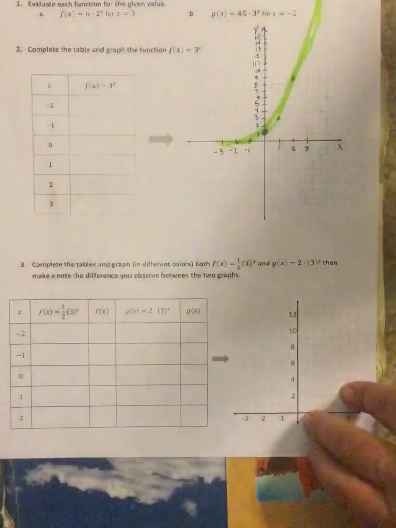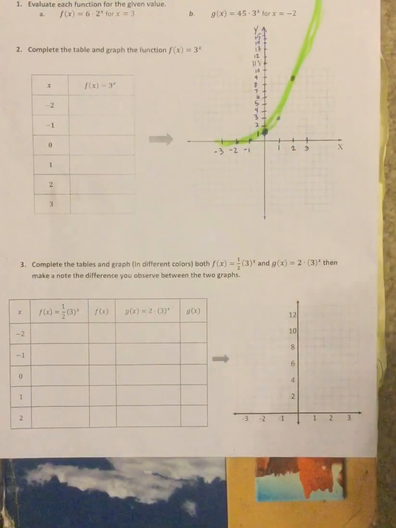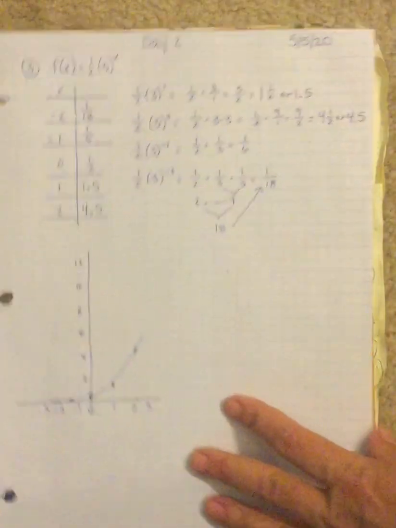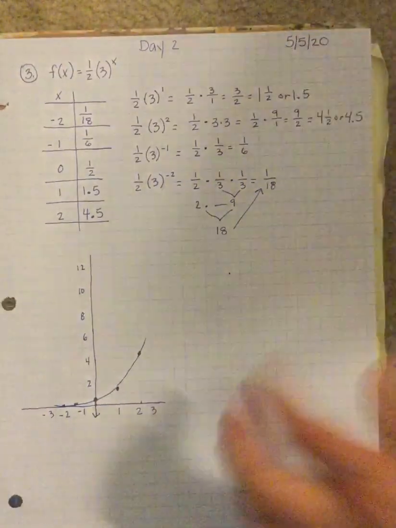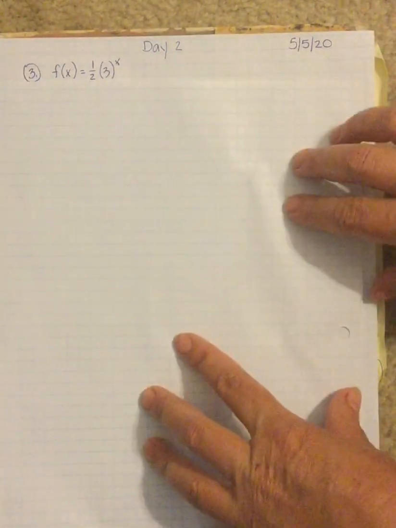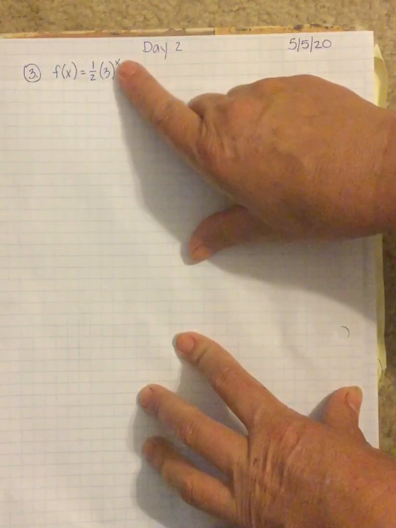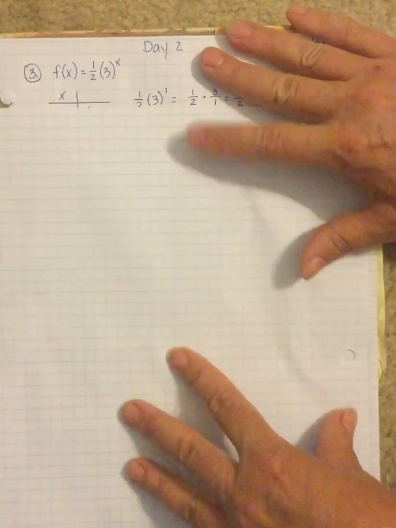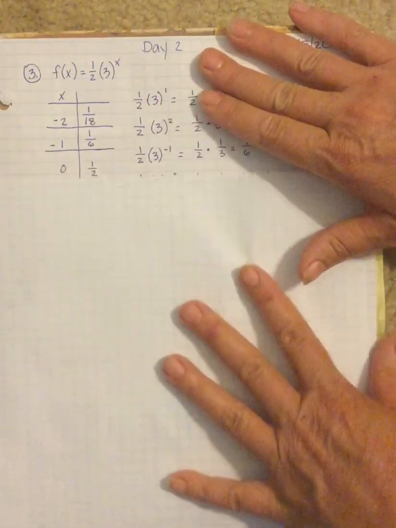Okay, so let's just do one problem at a time. So we're going to look at this one first, and then we'll do this one, okay? So if we look at the first one, it is f of x equals 1/2 times 3 to the x power. Okay, so we've got our chart here, okay?